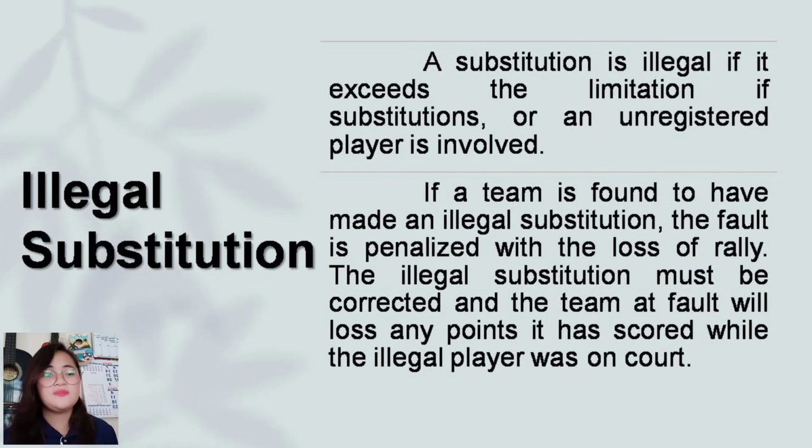If a team is found to have made an illegal substitution, the fault is penalized with the loss of rally. The illegal substitution must be corrected, and the team at fault will lose any point it has scored while the illegal player was on the court.